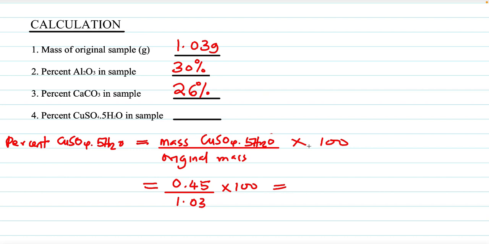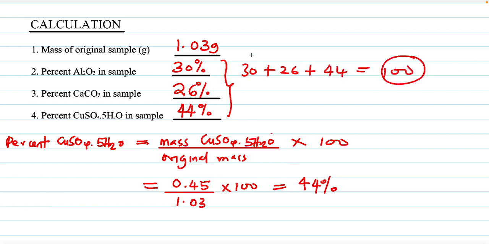So this is approximately 44%. It's 43.6, but which is approximately 44%. So come here, we'll say 44%. Now, if you add up these three guys, 30 plus 26 plus 44, that gives us 100.